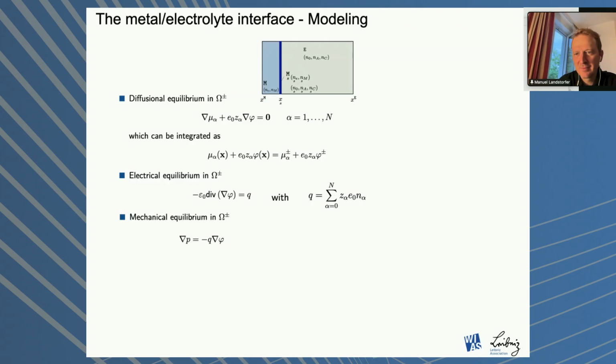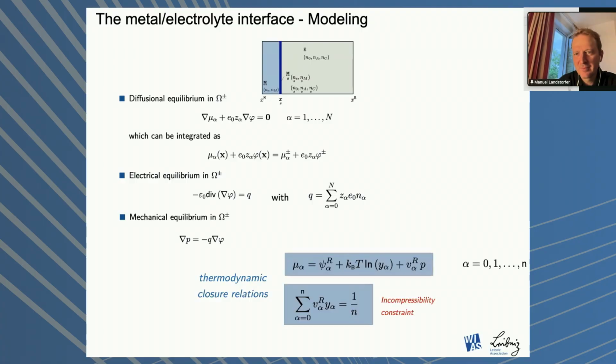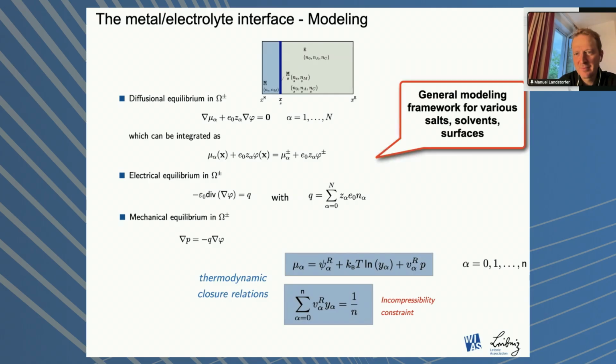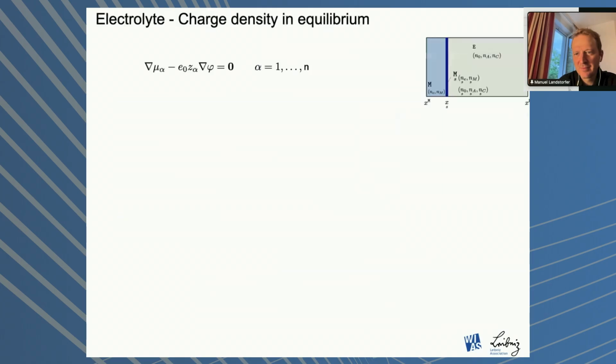You have mechanical equilibrium, so the gradient of pressure is equal to the Lorentz force, Q times electric field, or minus gradient phi. And you have these thermodynamic closure relations, how the chemical potential is expressed in y alpha and pressure, and the equation below tells you how y alpha and n are correlated. And this is a rather general model framework for various salts, solvents, surfaces, and so on.